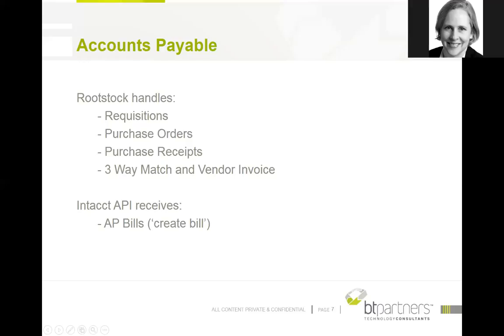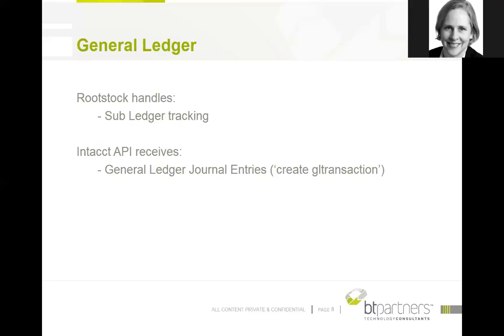The next area that this interface creates is through the general ledger. Rootstock handles the subledger tracking of costs and movements throughout the system. That subledger is linked to a general ledger within Intacct, and it's worthwhile to note, as we're talking about it right now, that when you go to set up Rootstock, you do need to first and foremost have your chart of accounts available within Intacct.